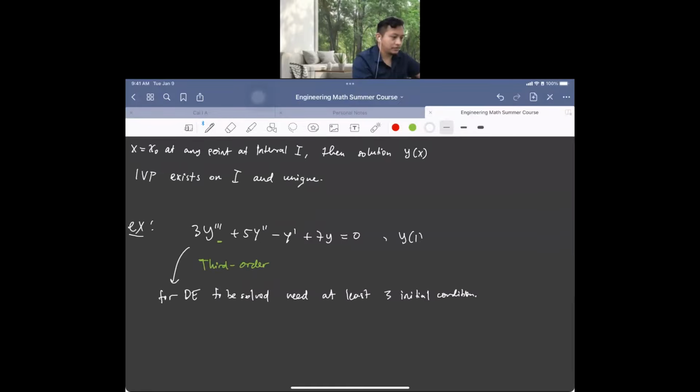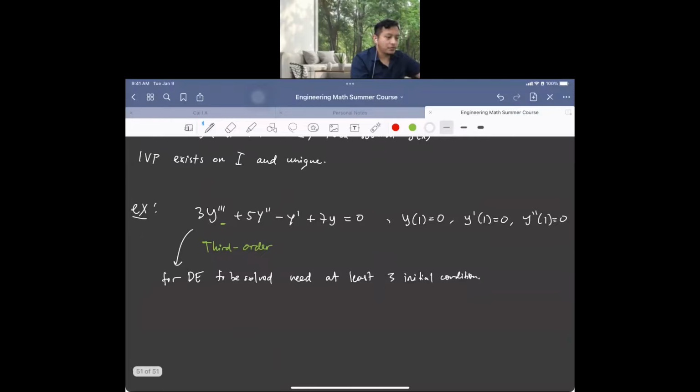So for example, if we have the initial conditions y of 1, y prime of 1, and y double prime of 1 equal to 0, then we can solve the equation. Okay? So when we have this 3y, let's say we are going to solve this, okay?